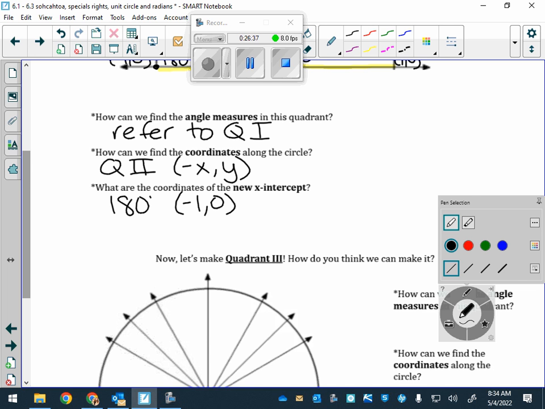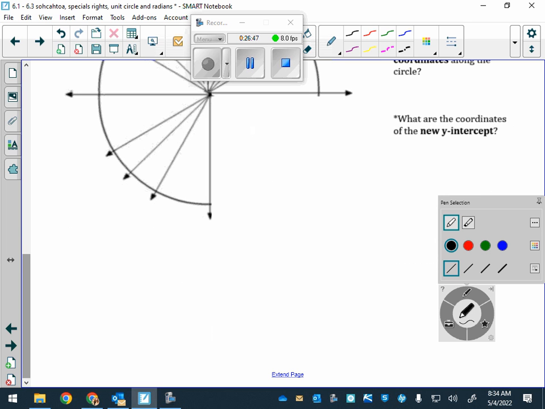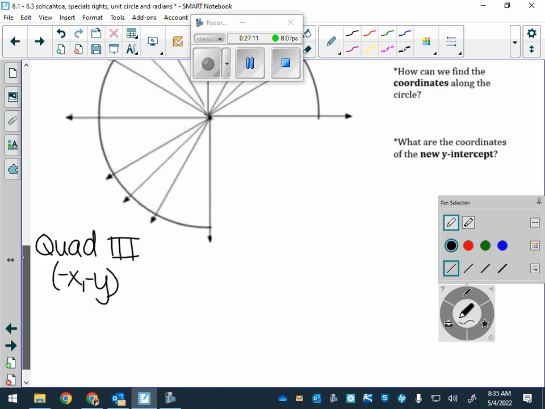So now, if we add quadrant 3, what's going to happen? Nick? Excellent. X and y in quadrant 3 will both be negative. So right now, I want you to fill out quadrant 1 and quadrant 2. If you feel confident, however, be careful filling out quadrant 3. You may, but just be careful, okay? We're going to do quadrant 3 together.